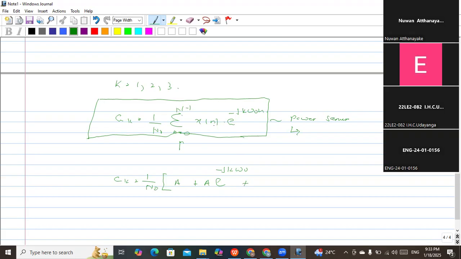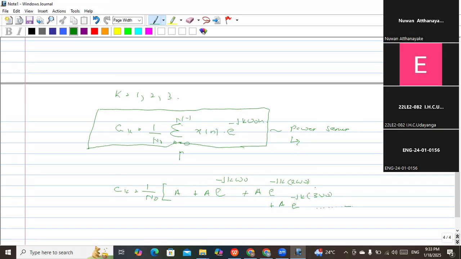Plus now n is 2, so x2 will also be A, e to the power minus jk 2 omega naught. Plus when n is 3, x3 will also be A, e to the power minus jk 3 omega naught. Likewise up to L minus 1, the value will be A.